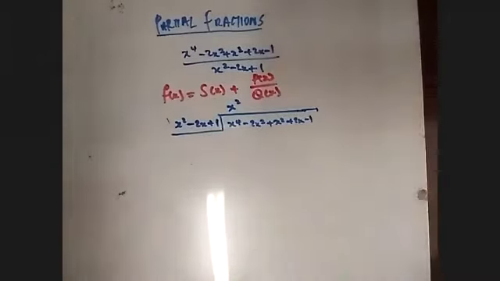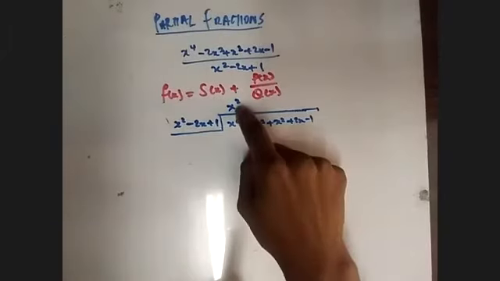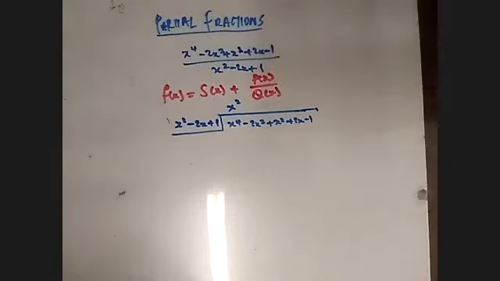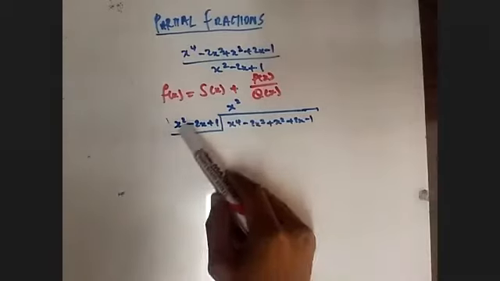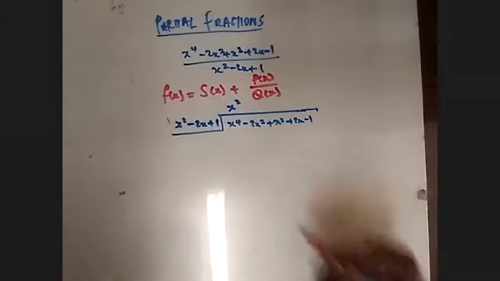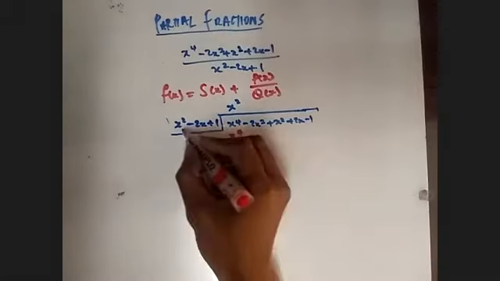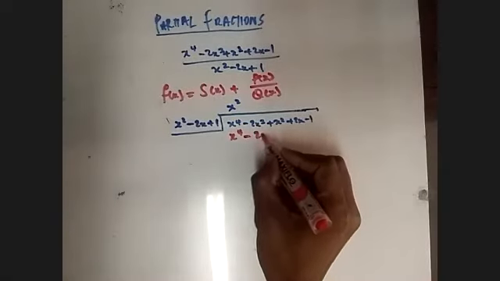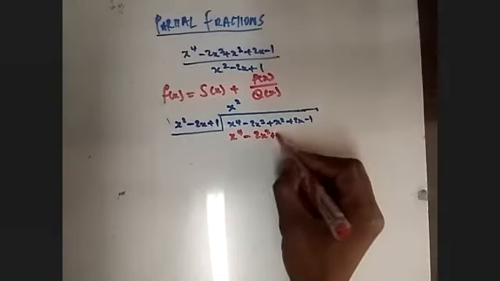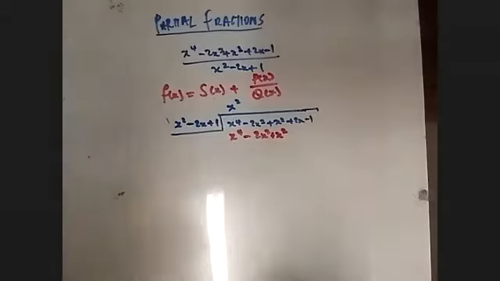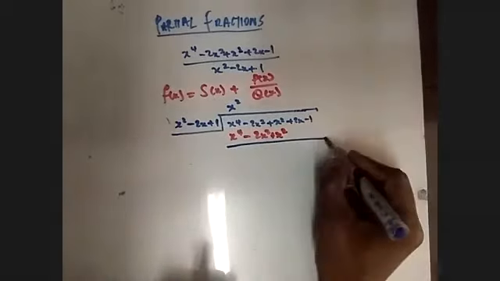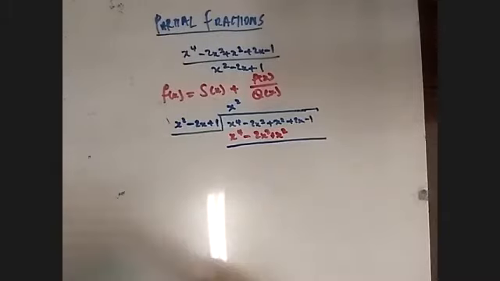Then after doing that, we are going to multiply whatever solution we found by the divisor. So we're going to have x to the power of 4 minus 2x cubed plus x squared. Now, the next thing that you want to do here is you must subtract the 2.